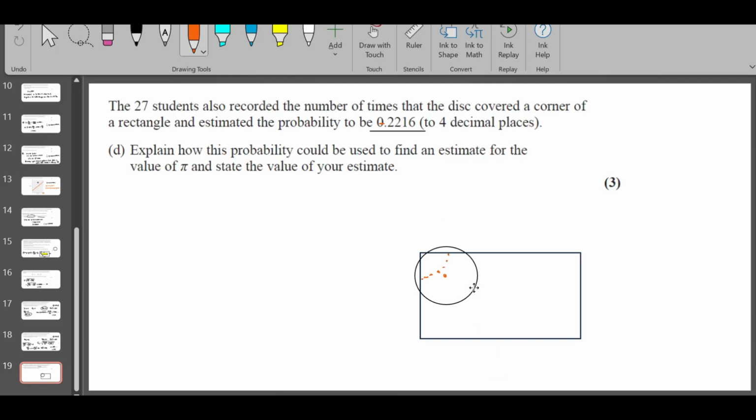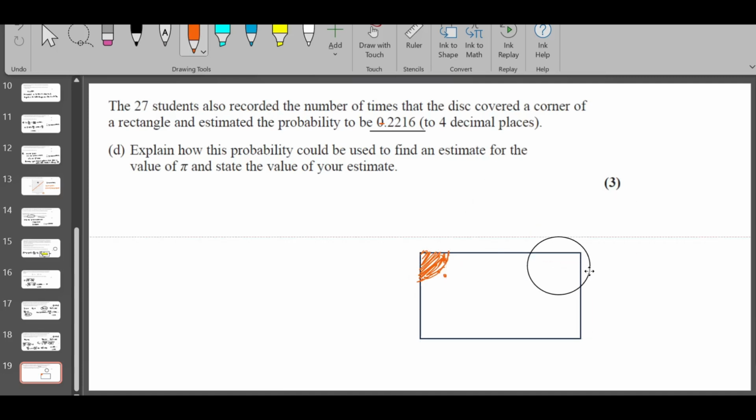So it basically forms a quarter of a circle. So if your center is anywhere inside this quarter circle, you will definitely get the corner covered by the circle. But the moment the center is outside the quarter circle, it will not cover the corner, right?